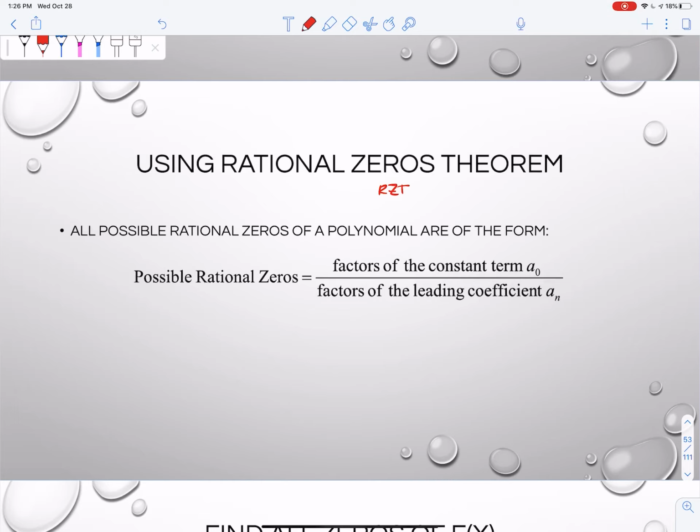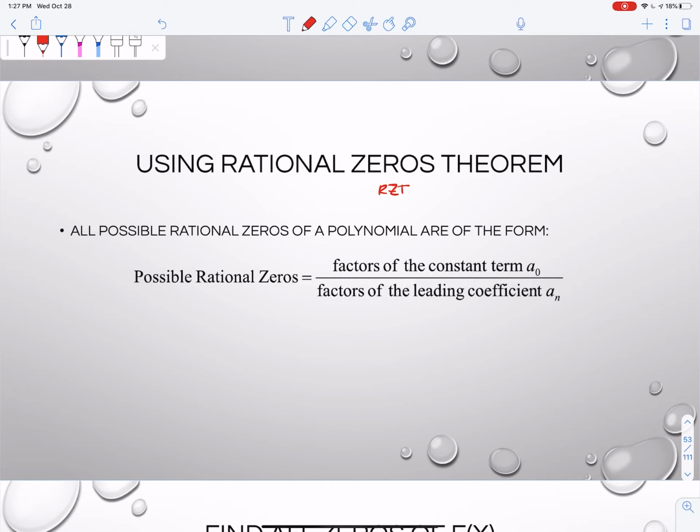This is one of the key things that's going to allow us to go through and test different values in an effort to work towards something that is completely factored and solved, or to get it down to something where we have simpler methods to continue factoring and solving. When we're dealing with something greater than a quadratic, or maybe a cubic that behaves nicely, something that's 4th degree, 5th degree, 6th degree, the rational zeros theorem is going to be your best friend.